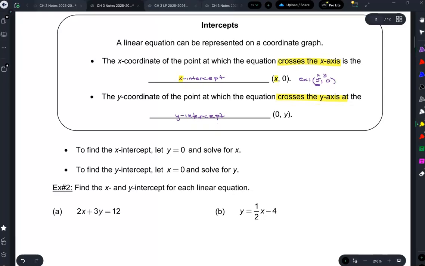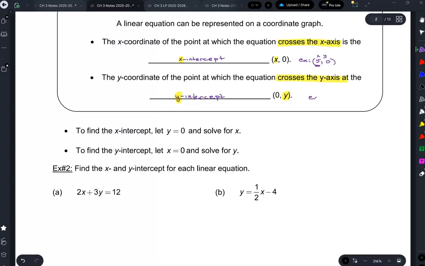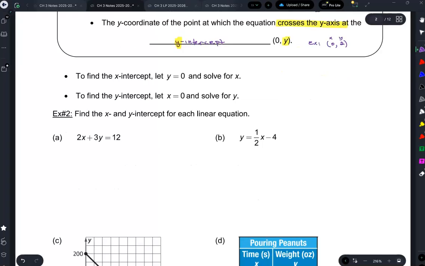So look at this one. You have a number at the y-coordinate, and this is the y-intercept, right? So for example, it could be 0 comma 2. If this is x and y, you have 0 for the x, and you have a non-zero value for the y because it's the y-intercept.